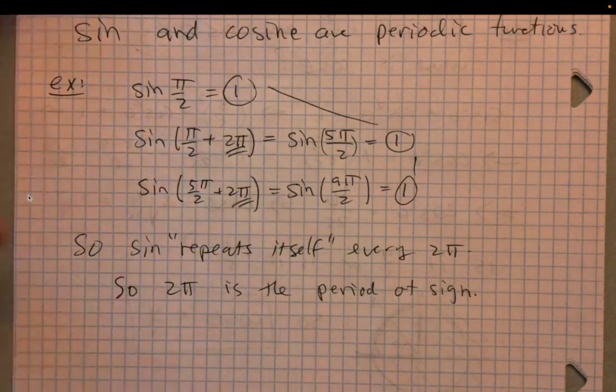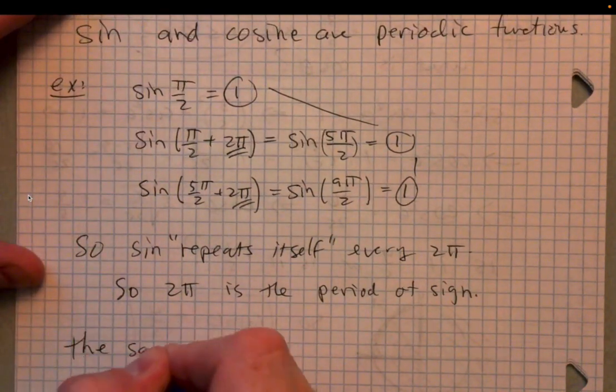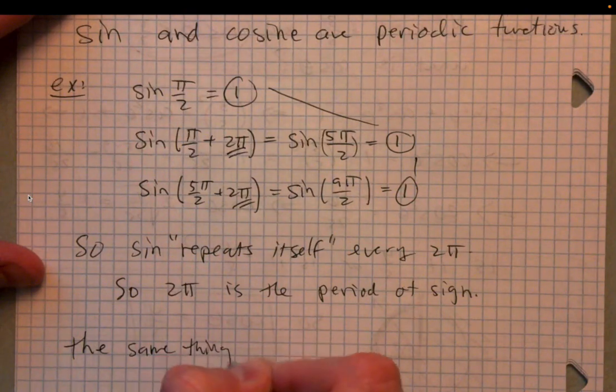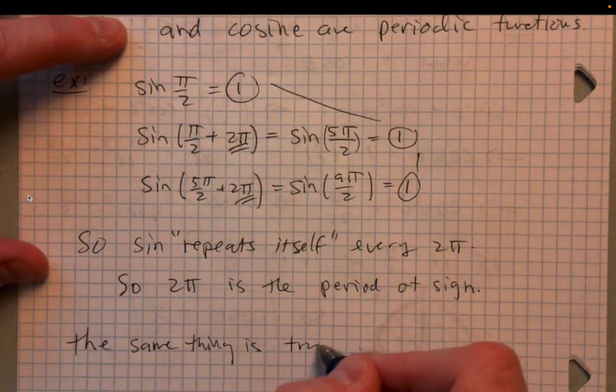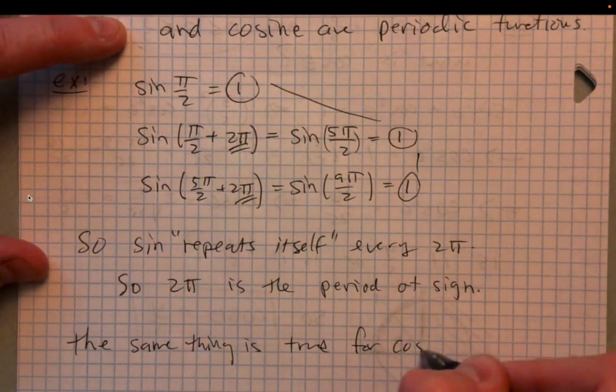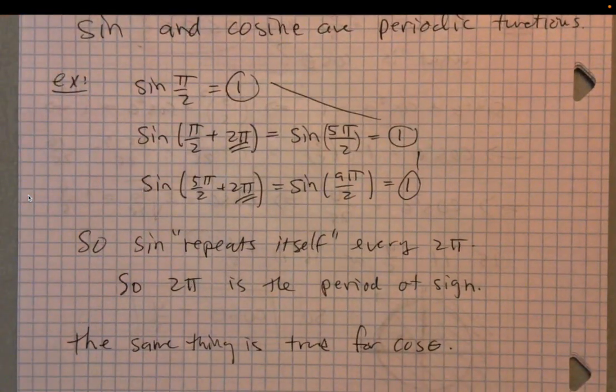Okay, so the same thing is true for cos. Cosine and sine are both periodic, and they repeat themselves every 2 pi. Their period is 2 pi. Now it turns out that tangent and cotangent are also periodic, but they have a different period.